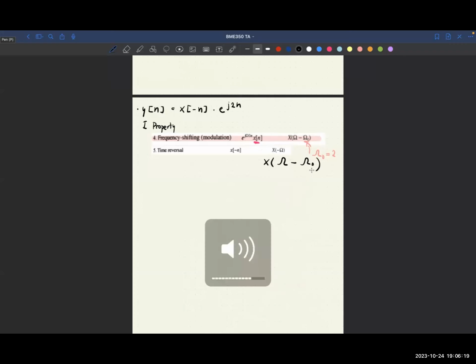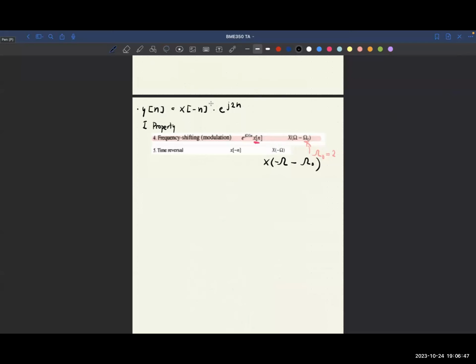Yep, you're all good. Okay, cool. My earbud battery is running low. Okay, I think I still have time for this. But because we have the time reversal property as well, we should have the negative sign in front of our original omega.